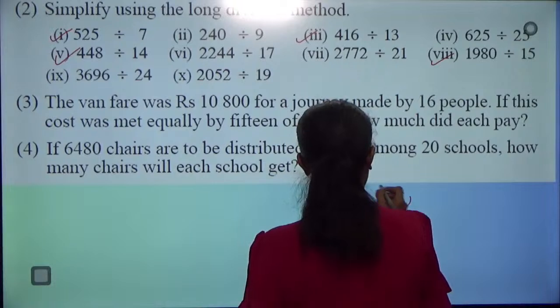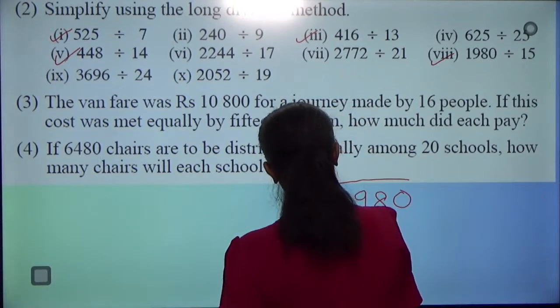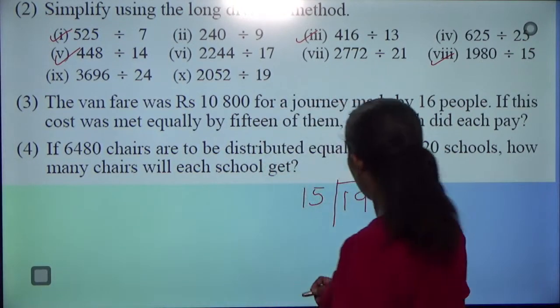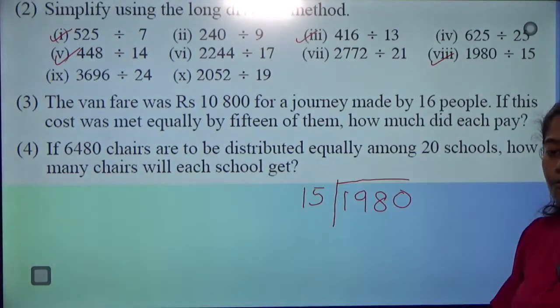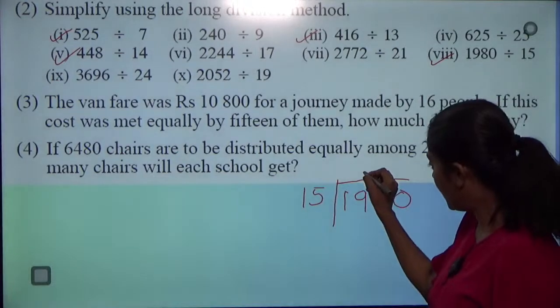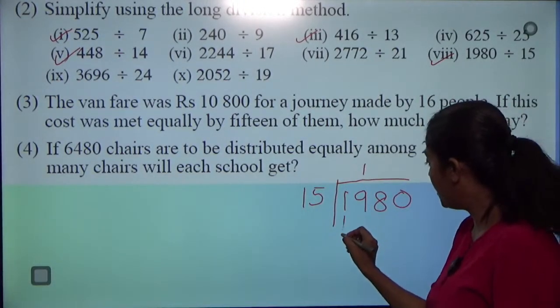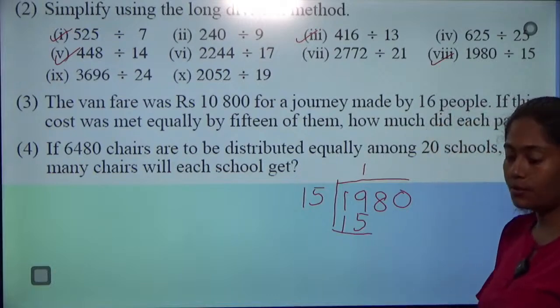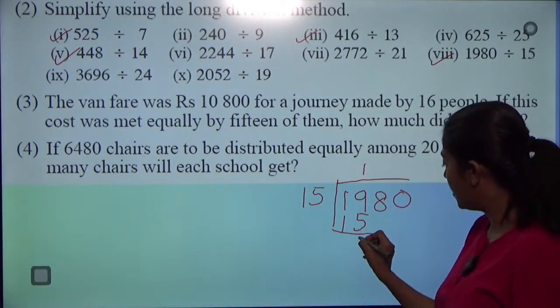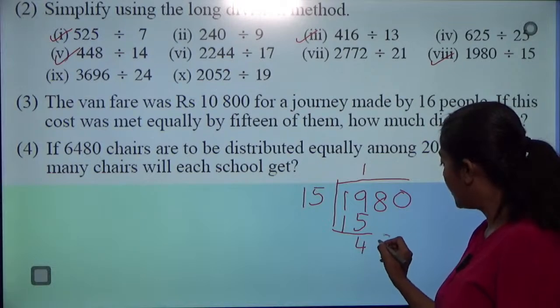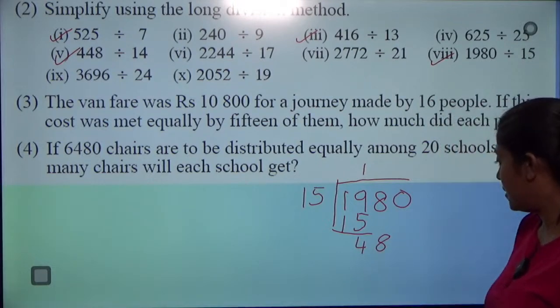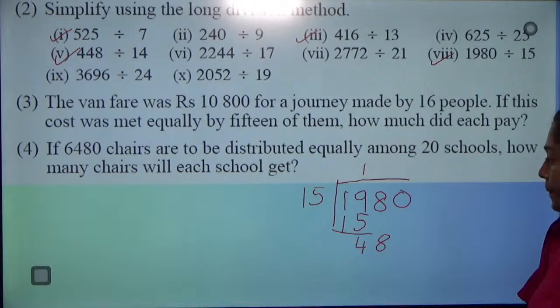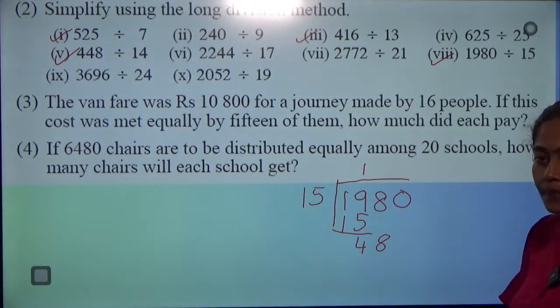1980 you have to divide by 15. We have to check for 19 how many 15s are there. Only one. Then 15 into 1, 15. Subtract these two: 19 minus 15, answer is 4. Then for 48, how many 15s are there? 3, no?